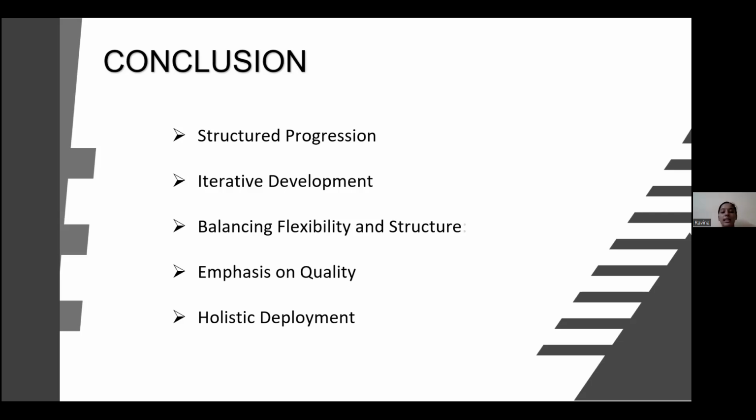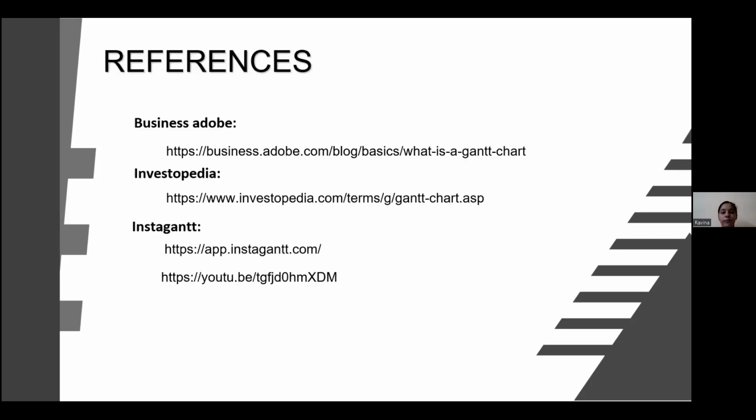Emphasis on quality, as we are not dumping all the work together. We are working in each module, which improves the quality of work. Holistic deployment, so the deployment takes all the features included.